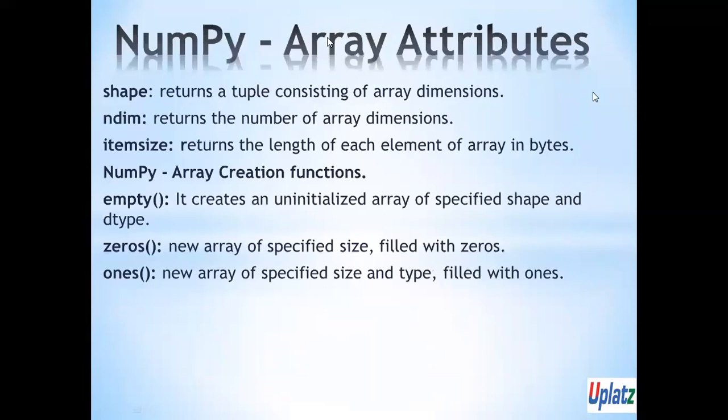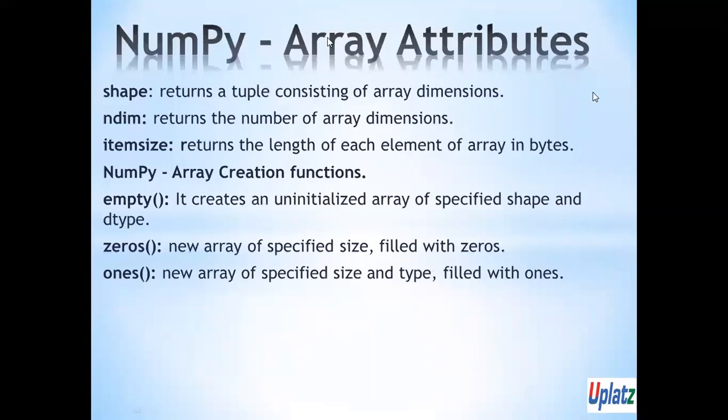Shape is how many rows and how many columns. If it's a 2-dimension array, how many rows are there and how many columns are there? That is known as shape. It can be 3, 2, which means 3 rows and 2 columns. It can be 5, 8, which means 5 rows and 8 columns. So that is known as shape.